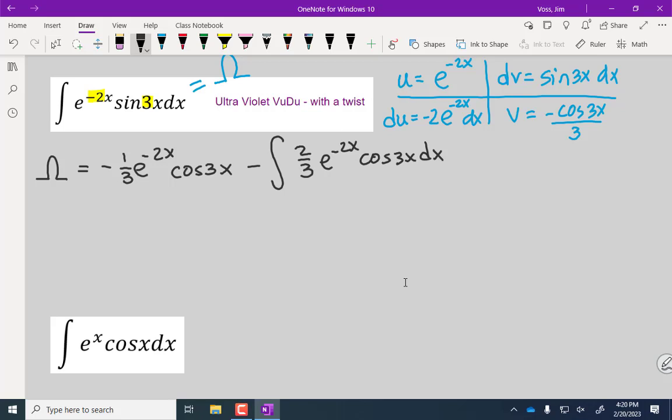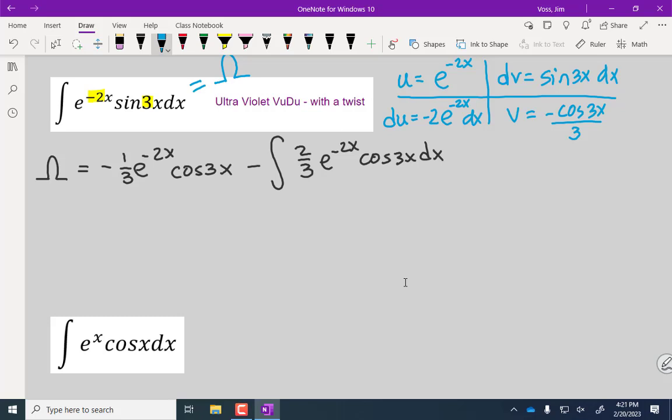So if it didn't get worse, you're on the right track. And it did not get worse. The power here didn't all of a sudden get bigger. The angle here didn't do anything mysterious. It still has kind of the same feel. So we're going to do integration by parts again. And we will see the twist very soon.